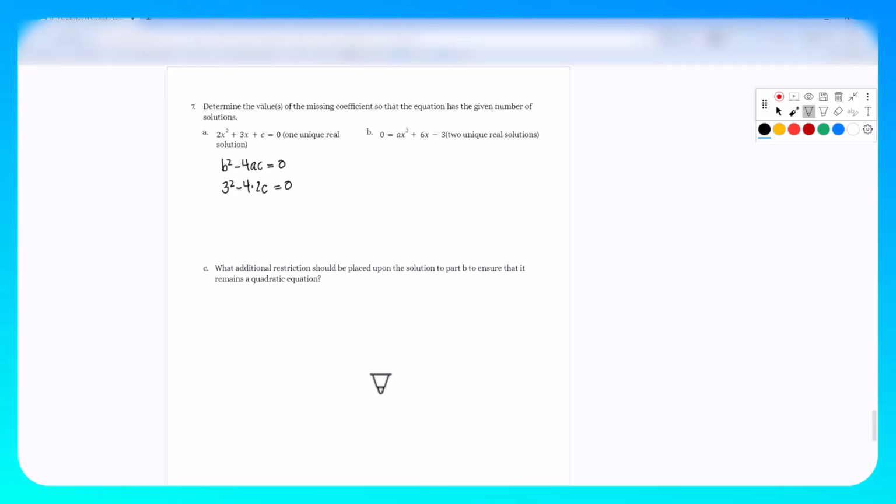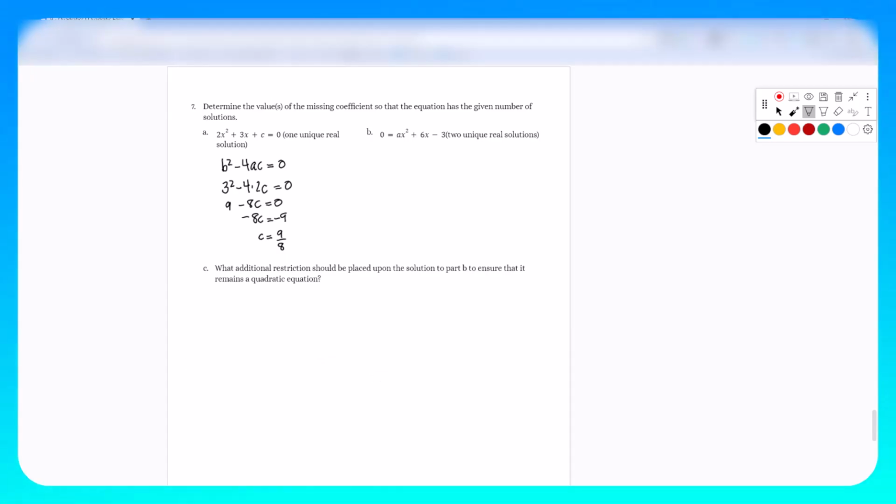So we're going to solve for c. 9 minus 8c equals 0. Bring 9 to the other side, make it negative, and divide c by 8. So our c value equals 9 over 8.